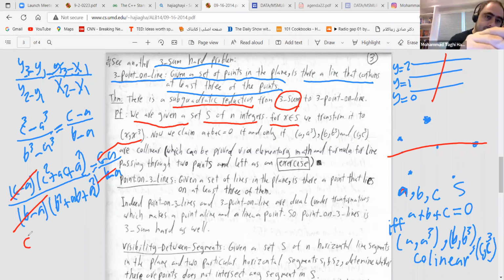So we have this: c squared plus ac plus a squared is equal to b squared plus ab plus a squared.